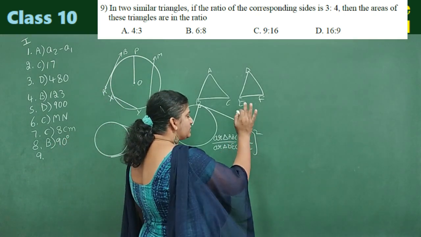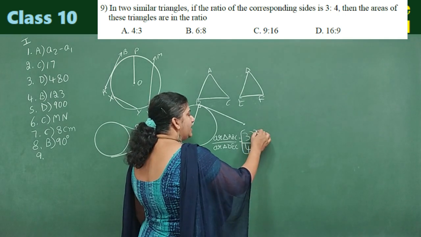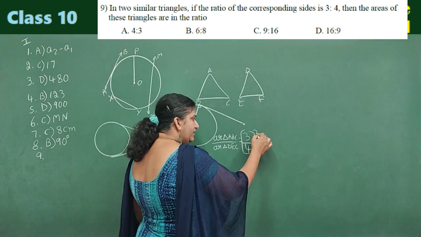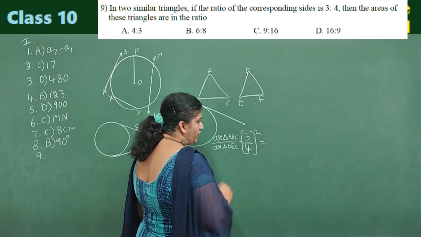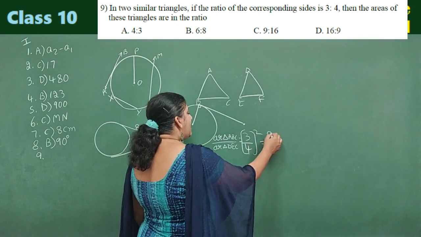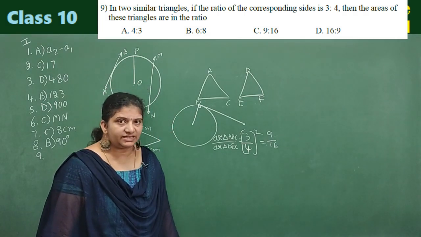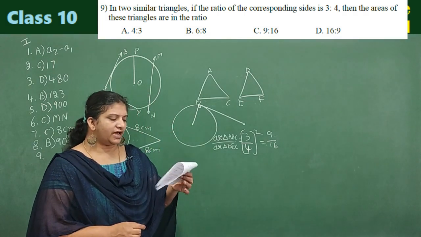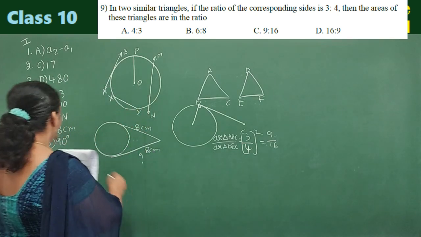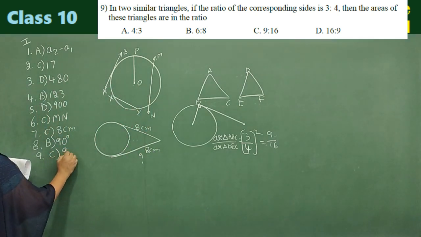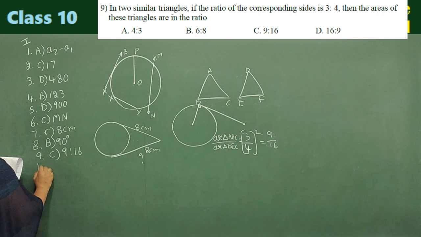So 3 by 4 whole square is 3 square by 4 square. 3 3s are 9, 4 4s are 16. 9 is to 16 is your answer. Check for the answer. It is option C, 9 is to 16.